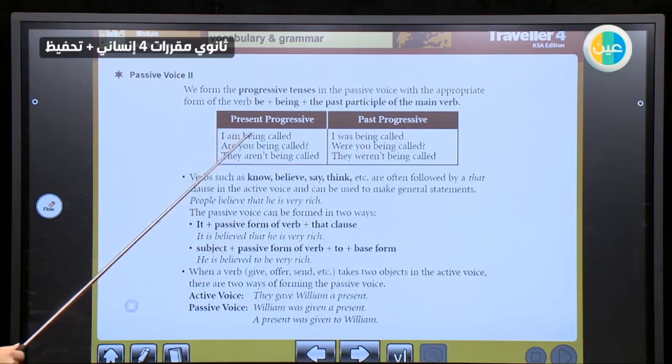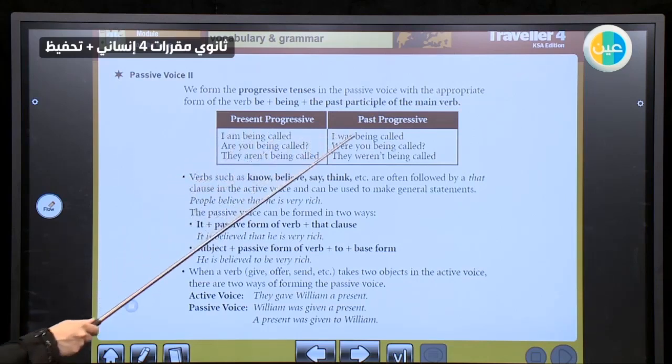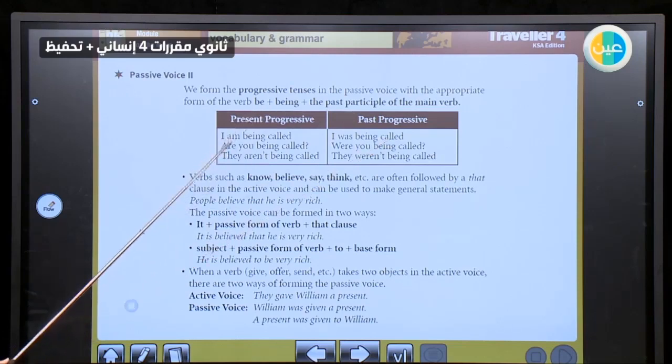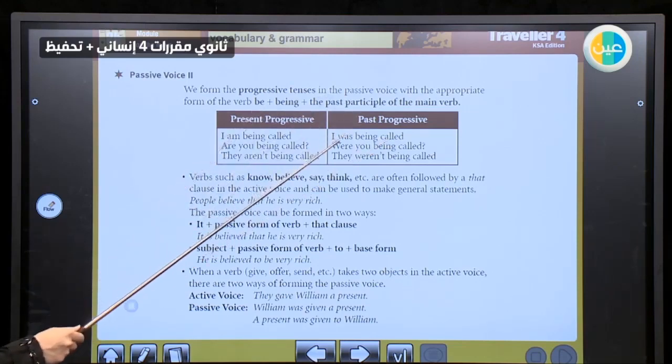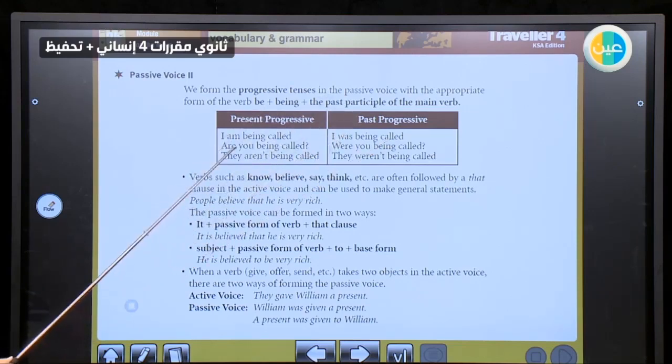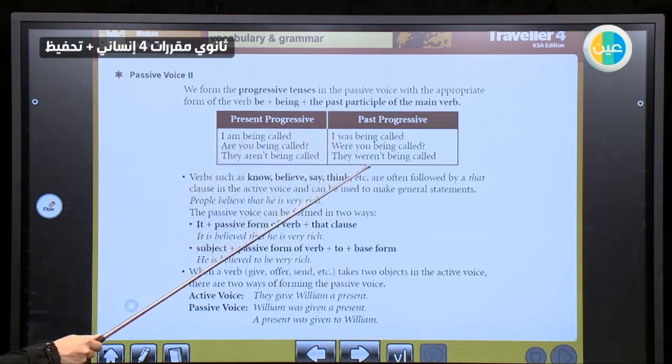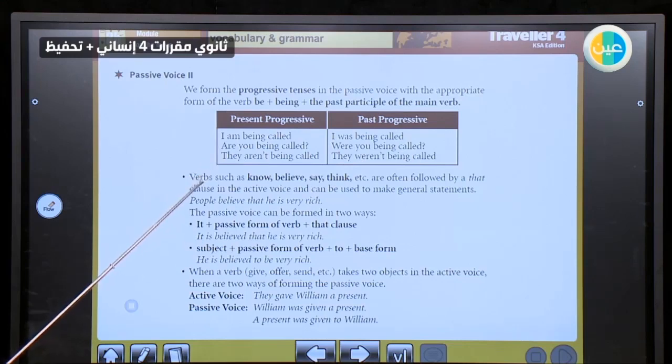I am being called. I was being called. So in the present, I use am. In the past, I use was. Are, were, aren't, weren't. There are some verbs such as know, believe, say, think that are often followed by a that clause. What is a that clause? We have to copy it as it is. People believe that he is very rich.